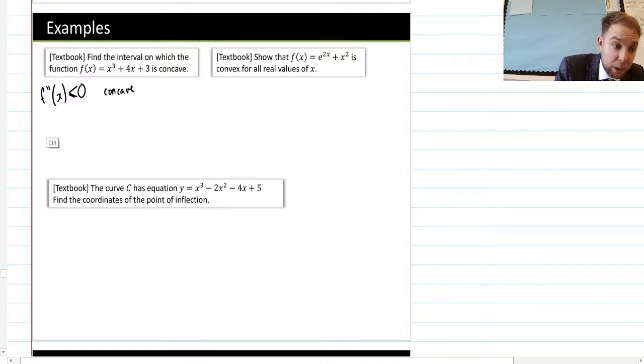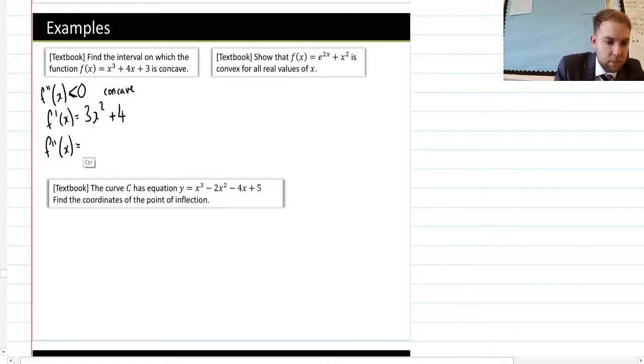So let's first of all find out what f double dash is. f dash of x is going to be equal to 3x squared plus 4, just like so. I'm differentiating f of x. f double dash of x is equal to 6x.